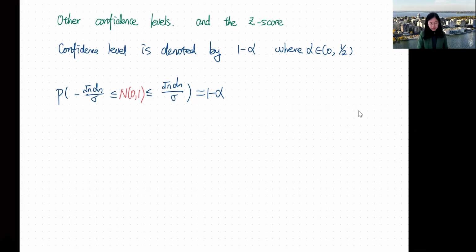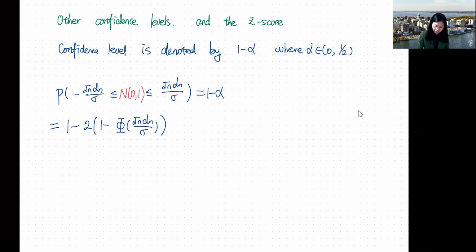So how do we find the desired value for root n Dn over sigma in this general case? In general, what we are going to do is write this probability as 1 minus 2 times 1 minus the CDF of the standard normal evaluated at root n Dn over sigma.